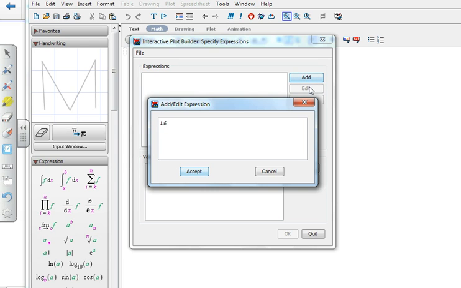Y equals 16x divided by (3x squared plus 5) raised to the 1/3. Is that the whole thing? That must be the whole thing.